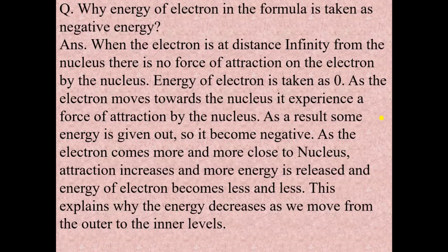This explains why the energy decreases as we move from the outer to the inner energy level. Remember, whenever we come from a higher energy level to a lower energy level, energy decreases, energy is released. And whenever an electron jumps from a lower energy level to a higher energy level, it absorbs energy.